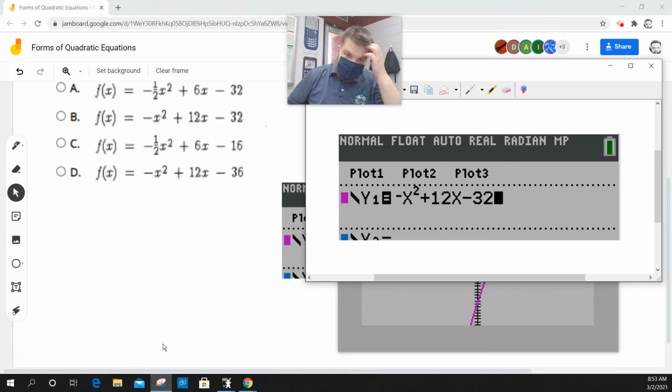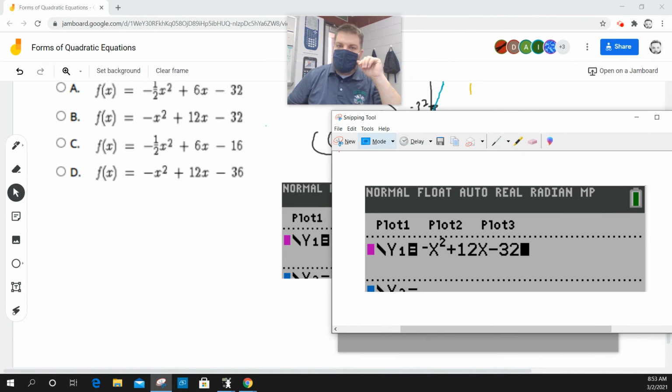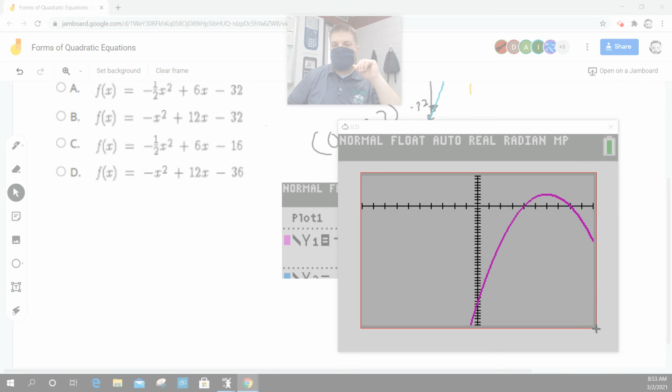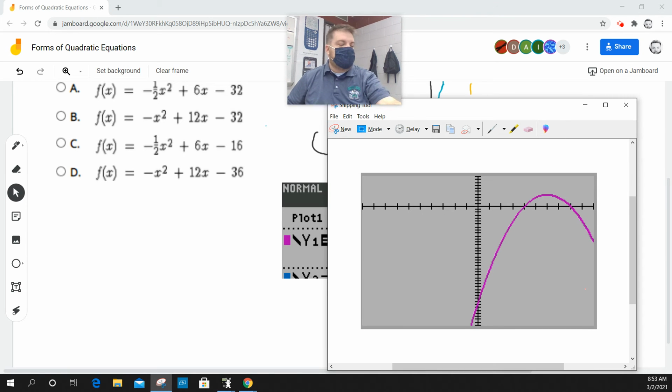If you have this graph, do me a favor and hold up your calculator and show it to Mr. Adams so I can see and make sure that you have your graph in correctly. You guys just hold your calculators up like this so I can see it real quick. Well, I've got one student. Let's see those graphs. Some kids, all right. 3 students so far. You guys, I'm trying to teach you this in addition to the math. I'm waiting for you guys to show me.